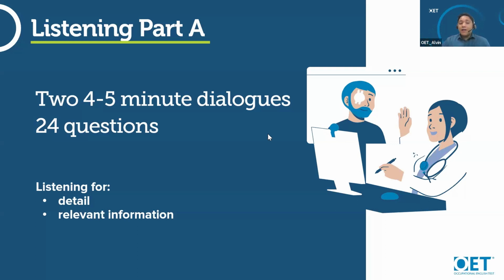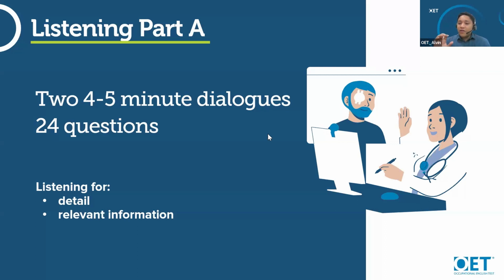And the other sub skill is relevant information. Listening for relevant information means it involves identifying the information that is important to the topic or purpose of the audio. For example, in the audio, the doctor is reassuring the patient about the disease.